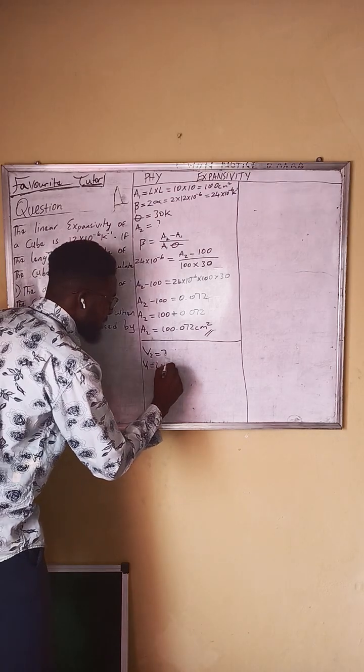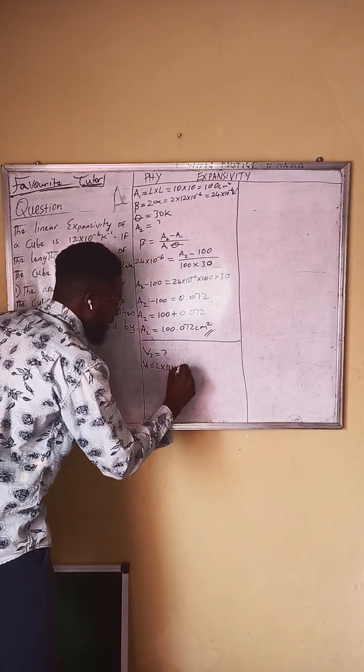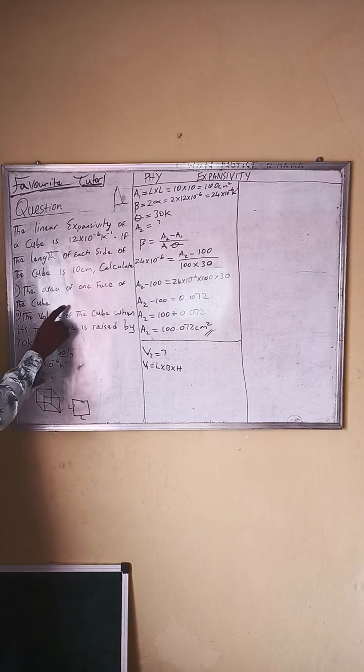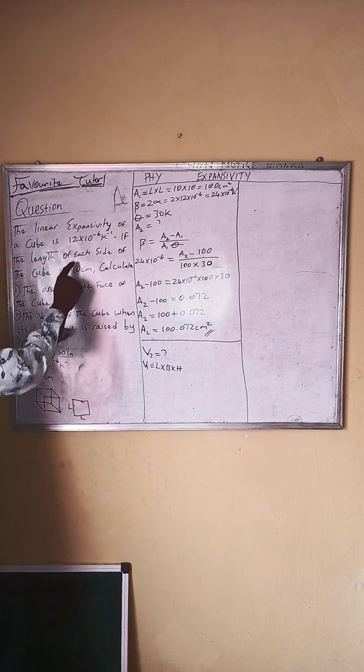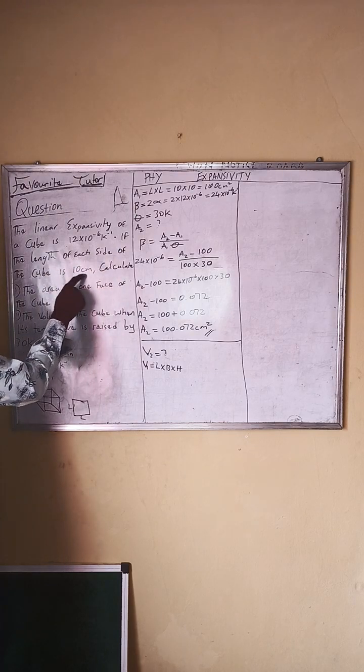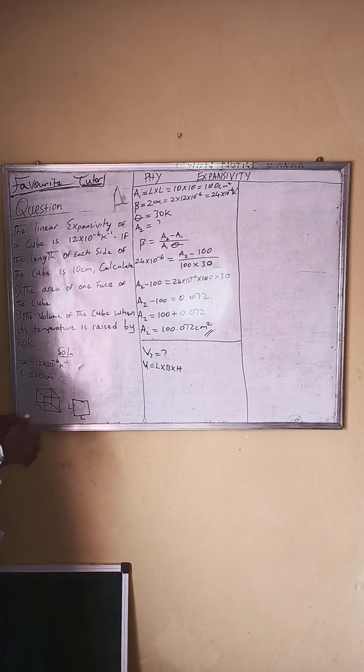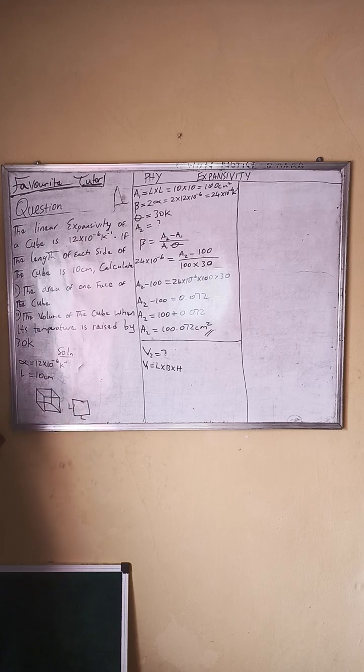Now volume is length times breadth times height. And one side of the cube, according to the question, says each side of the cube is 10 centimeter. That means the cube is equal in all sides.